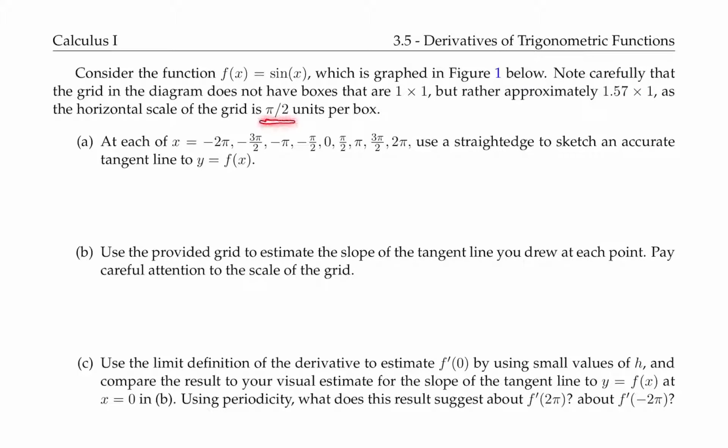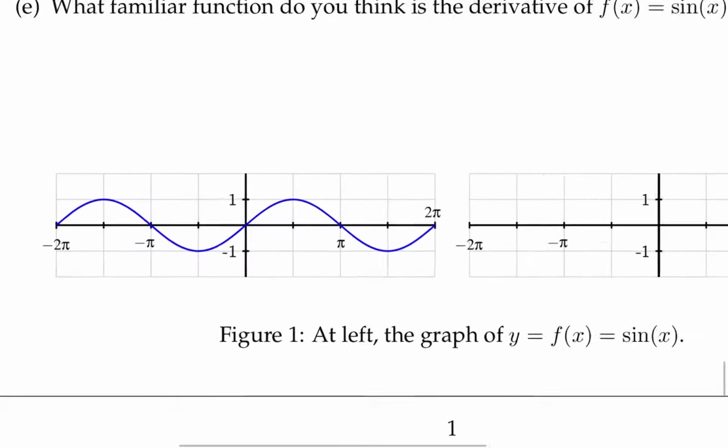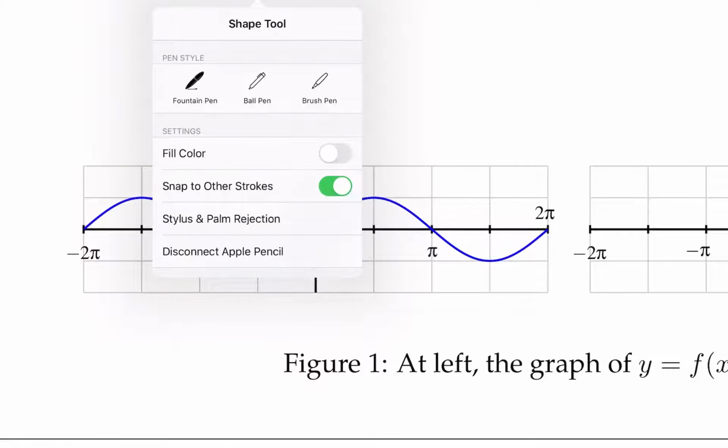So the first step is to sketch an accurate tangent line to the graph at a whole bunch of points here. So let's go and do that first. So here is a graph of sine x, and at each of these points, let us graph a straight line, a tangent line. Maybe I can even do that using the shape tool. Let's see.